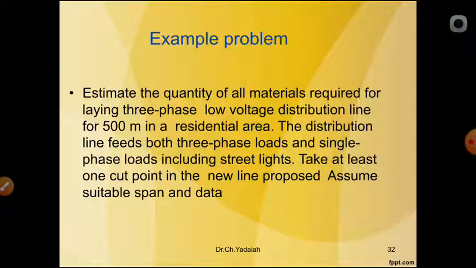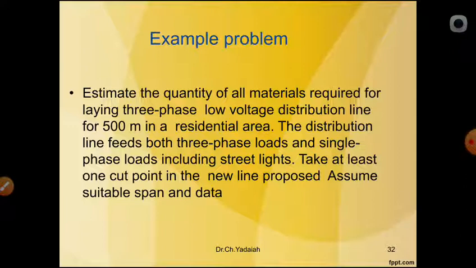That means here the four wires R, Y, B and neutral, in addition to one street light line which runs above the top of the pole. Now take at least one cut point. So he asked for one cut point jumper in the new line proposed. Assume a suitable span and data if missed.